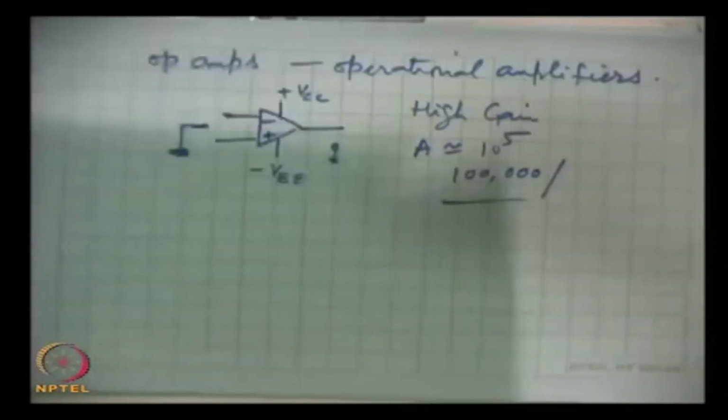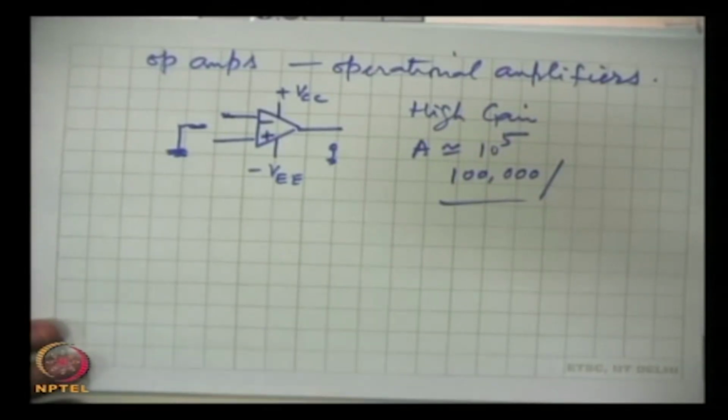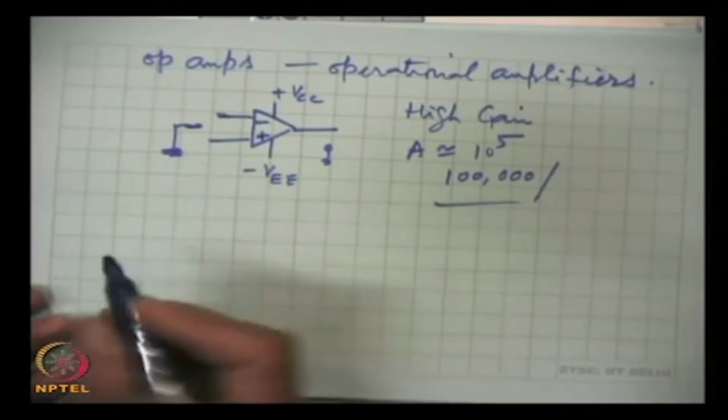Here in op-amp, we externally connect the feedback resistances, and there it is easy to understand and to drive the things. So, first we take just two examples.